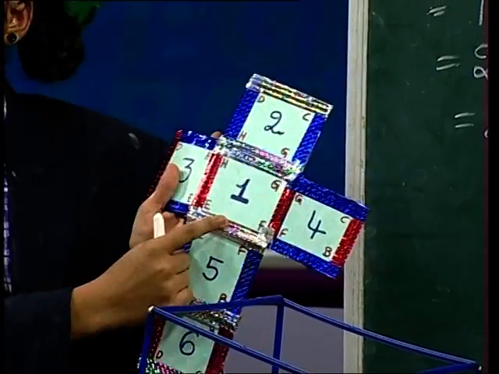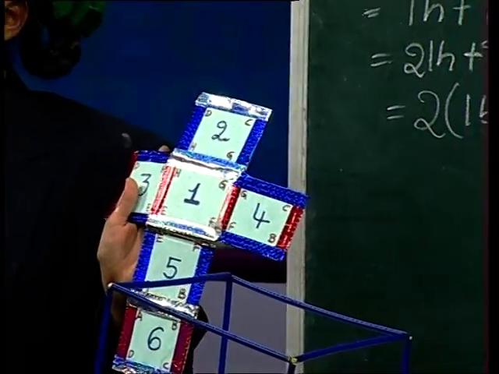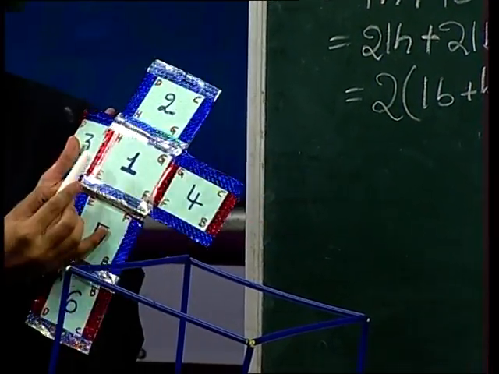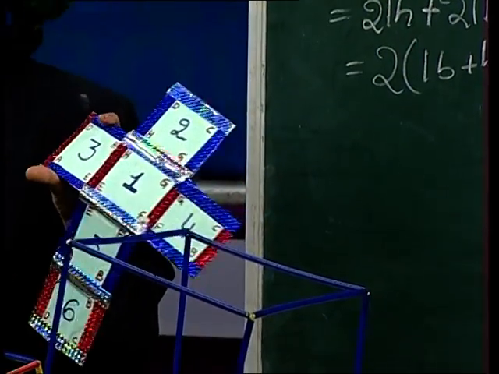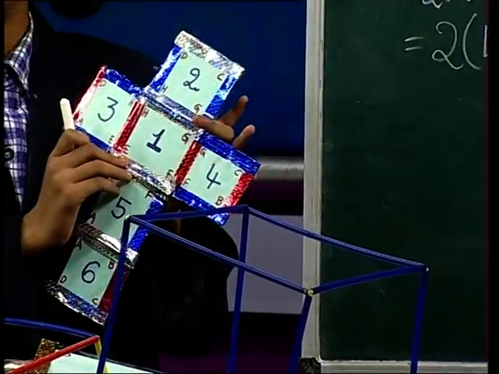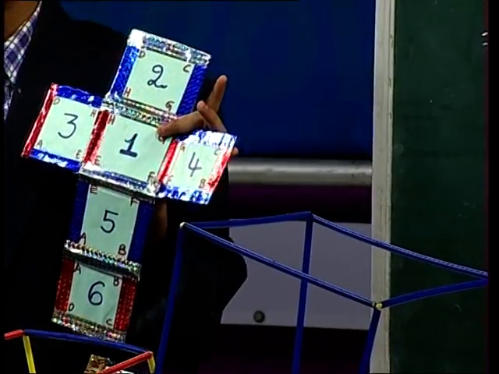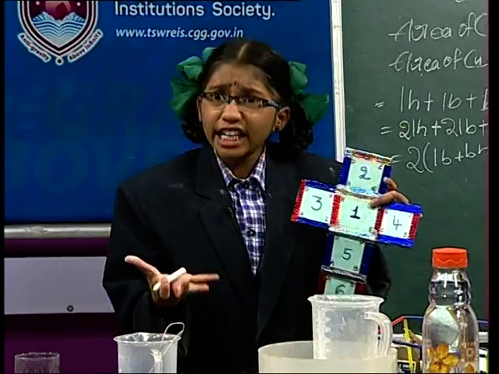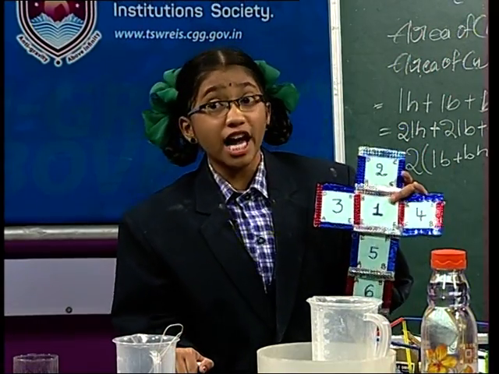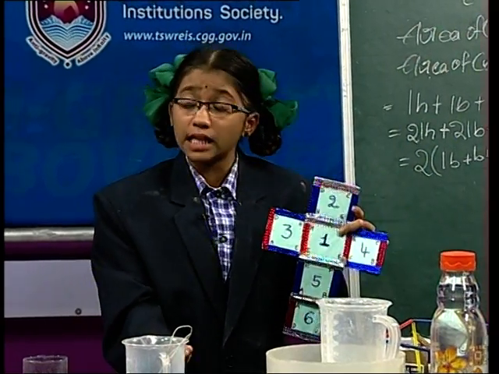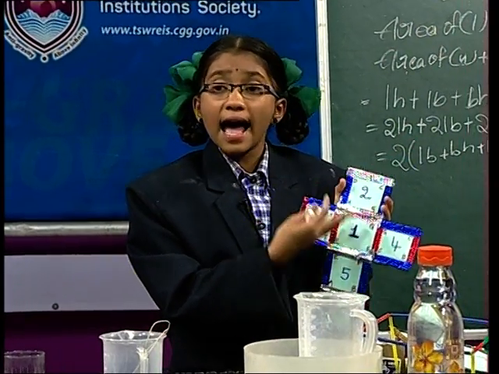In the net diagram, the silver color indicates the length, the red color indicates the height, and the blue color indicates the breadth. So, in the first face, we have to substitute B and H with L, because in a cube all sides are equal. So, here L into L, L square.